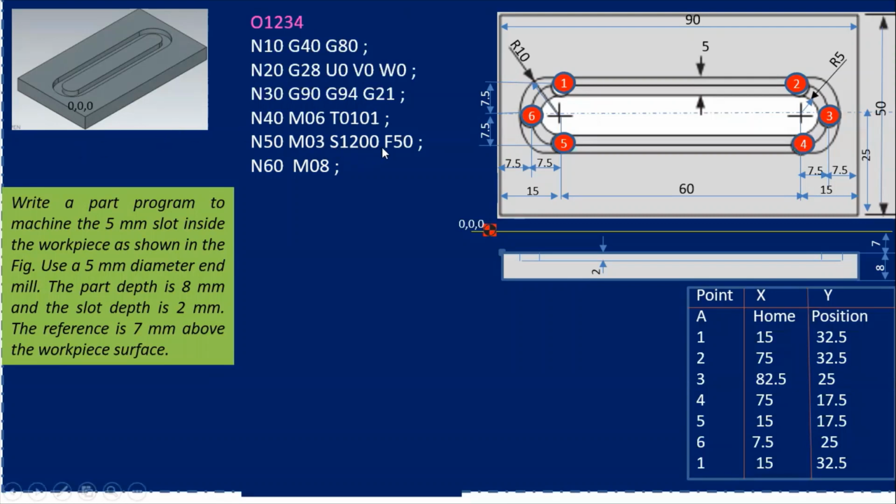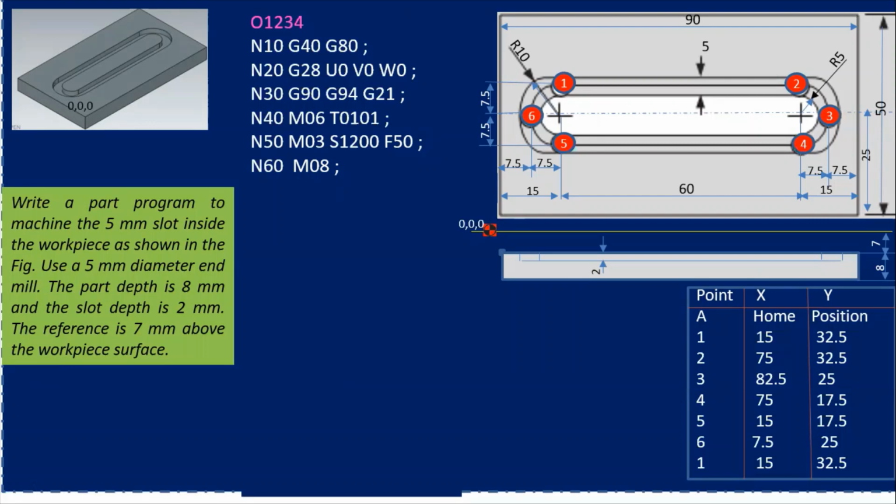Feed rate I have given as 50. As you know, G94 is mm per minute, so it means 50 mm per minute. That is the meaning of that. Then next is M08, coolant on. Student, one more thing: don't forget to write the end of block, or you can put the semicolon, which indicates the end of block. Okay, this first part is over.